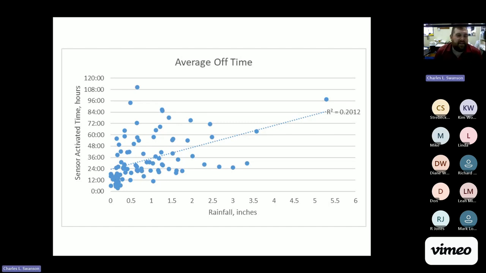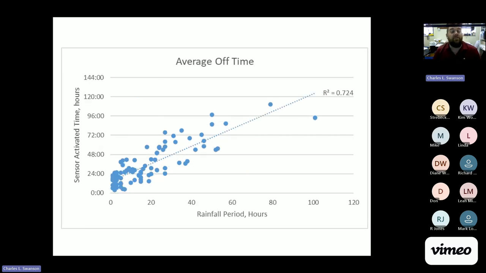But if we look at the second analysis we did, not how much did it rain, but how long did it rain for, we found something very interesting, and that has a stronger correlation to how these rain sensors perform. While not a perfect analysis, we can see there's definitely a trend forming in the data where the longer it rains, obviously the longer the sensor triggers for, regardless of the amount of rain that actually occurred.